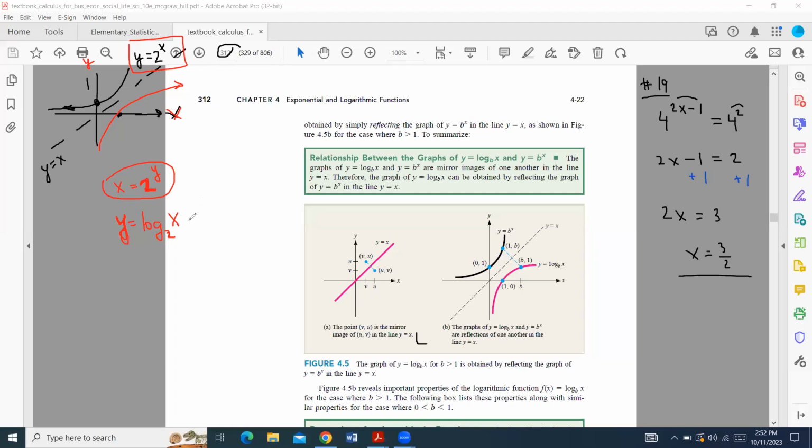So we say that if you have the function f of x equal to 2 to the power of x, then its inverse, which we put with a negative first power, is the logarithm with the same base 2 to produce x.